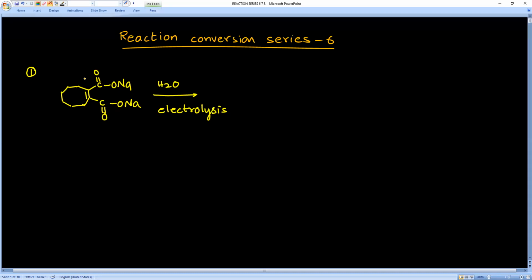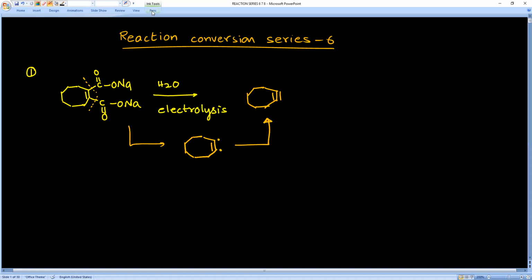Due to electrolysis, the carbon bond gets dissociated and it will convert into free radicals. Two free radicals are present within the molecule. Therefore, between the two free radicals, bond formation takes place.